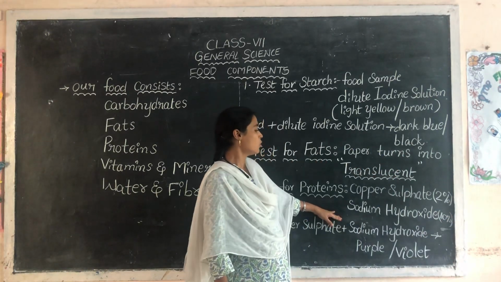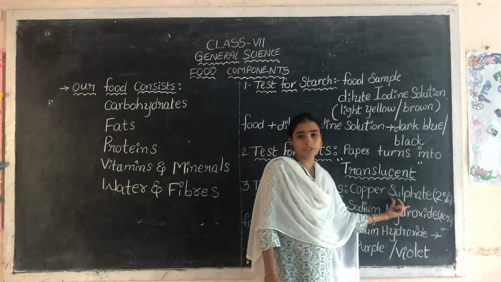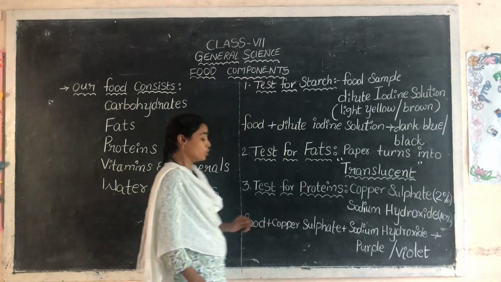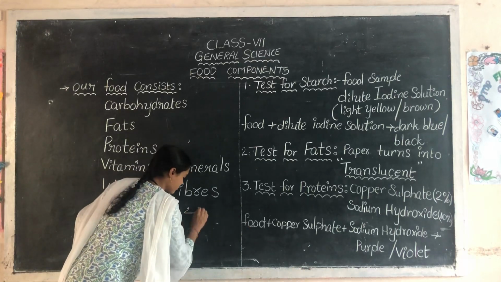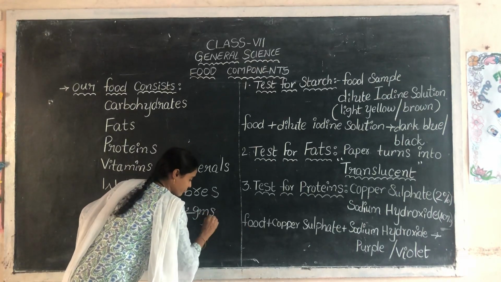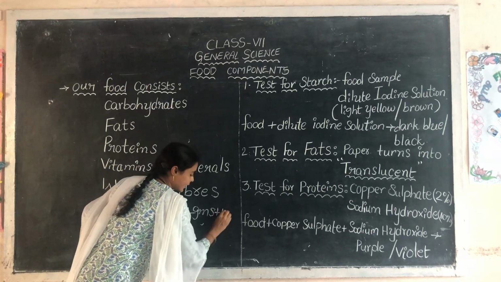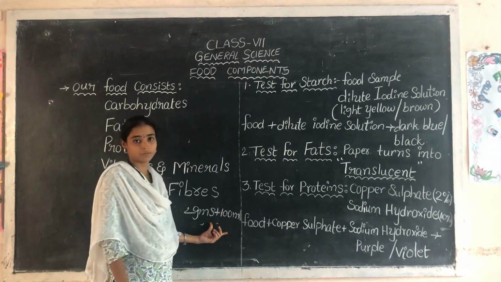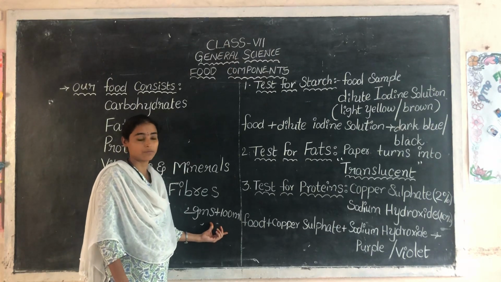Okay. Now how to prepare the 2% of copper sulfate? First, take 2 grams of copper sulfate, add 100 ml of water. Okay.